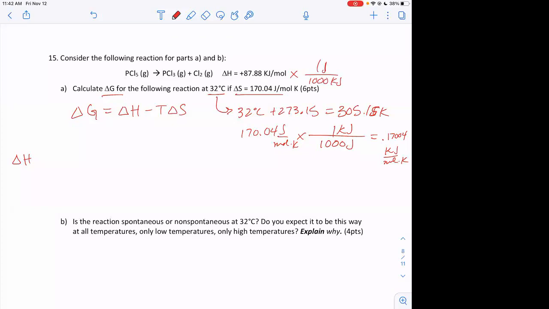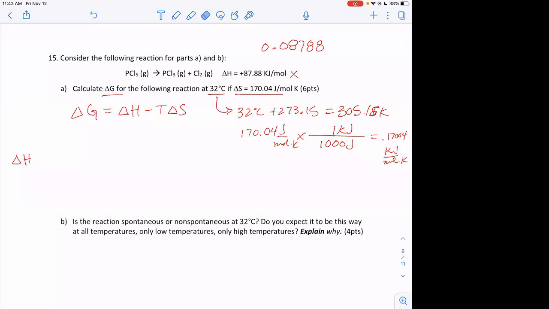You're supposed to multiply by 1,000 if you're converting kilojoules to joules. So they would end up with a number that was like 0.087 for their delta H. So that's wrong.